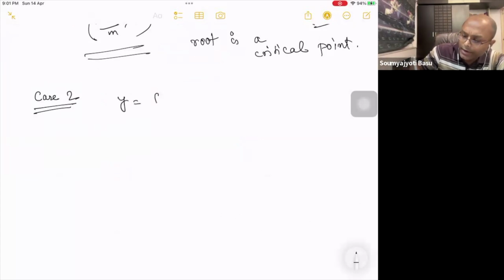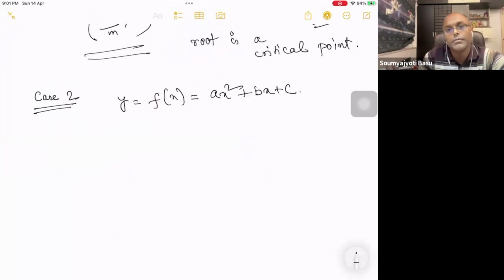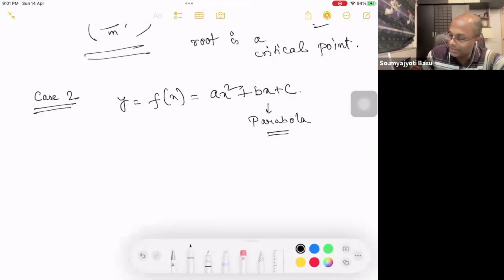Let me write it down in a generalized form: ax squared plus bx plus c. Do you know how this looks? Or what is the plot of a quadratic equation? The plot of a quadratic equation is in the form of a parabola. Okay? It looks something like this.